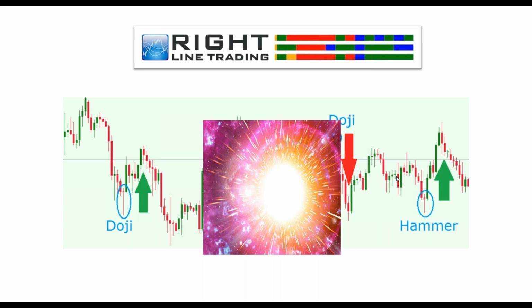Now, I love Japanese candlestick patterns, but all of the technical analysis that we look at right now is based on one fundamental premise that George Lane used in 1957 when he created the stochastic.